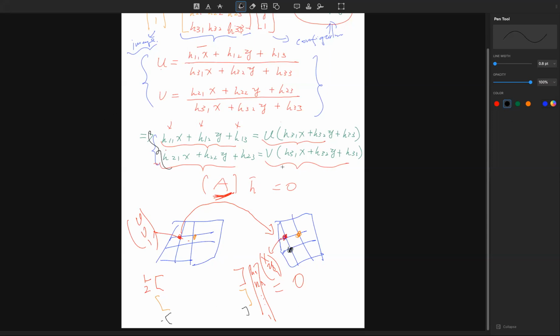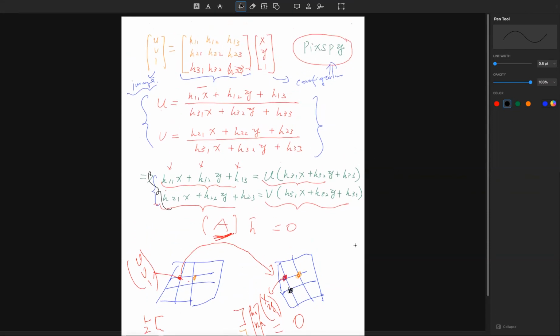Is that understood? Not really. Okay. So the first row is u and the second row is v. You understand this point is your xy, and this is the corresponding uv, and this is something you do not know. Therefore, from this equation, you will be able to get that.